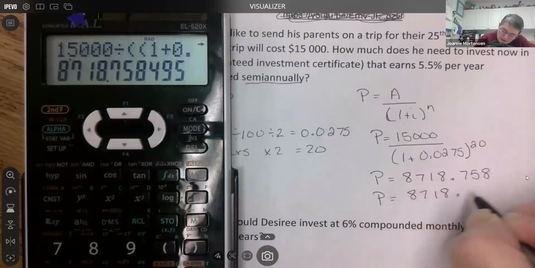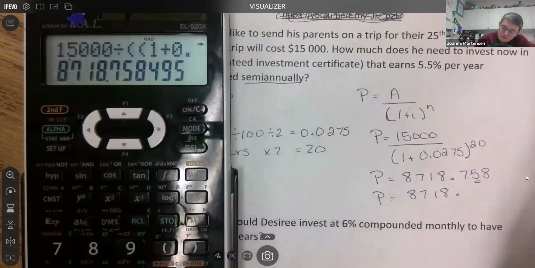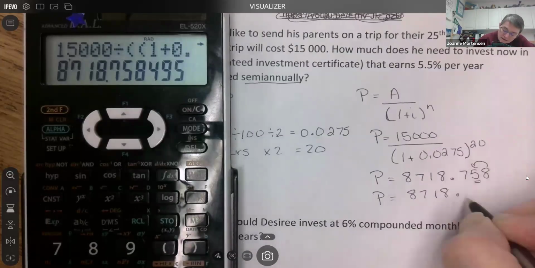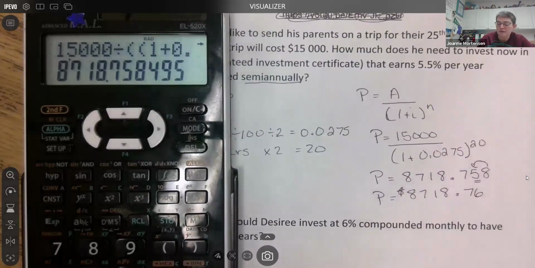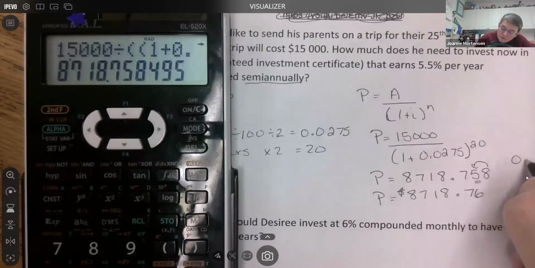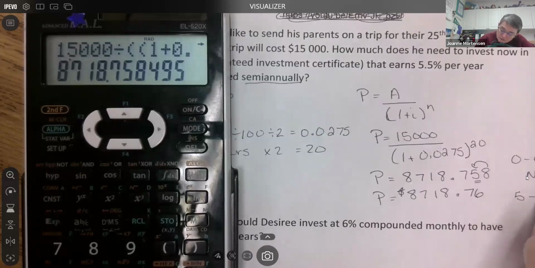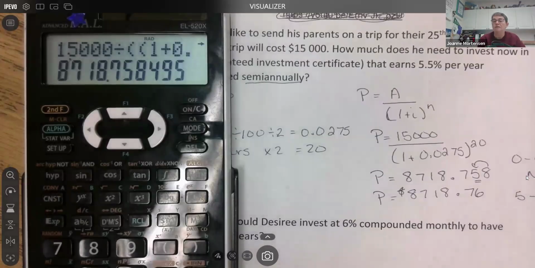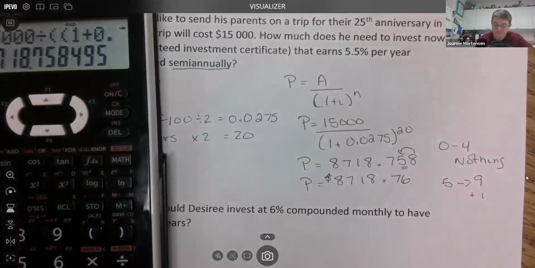I need 2 decimal places, which means we're going to round. That makes that 76. In case you're not sure about rounding, 0 to 4, nothing. 5 to 9, add 1 to the previous digit. Cool.